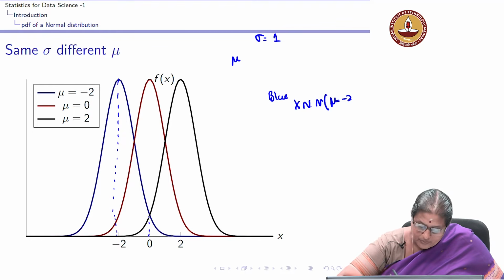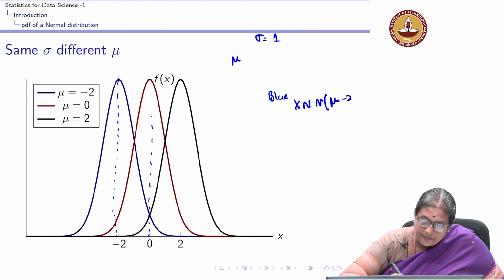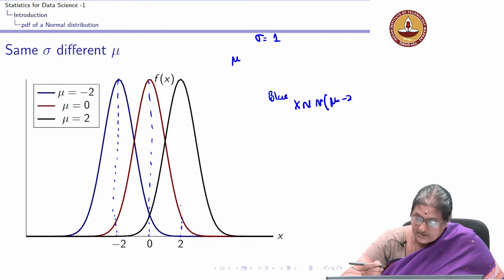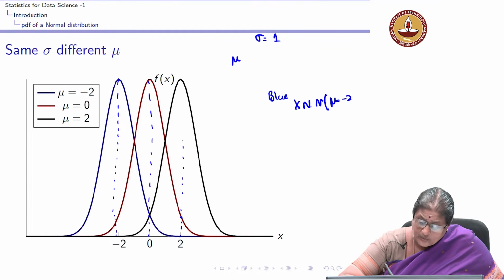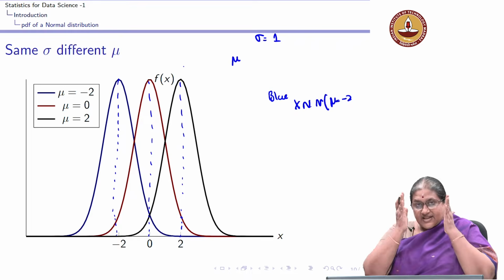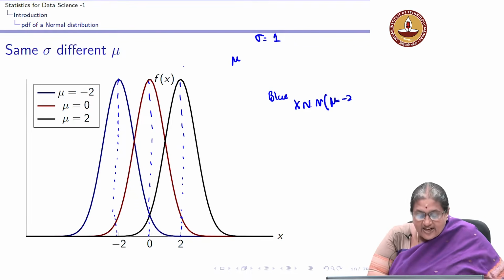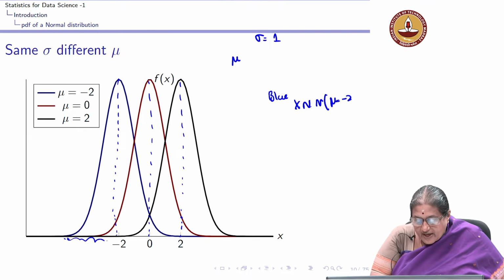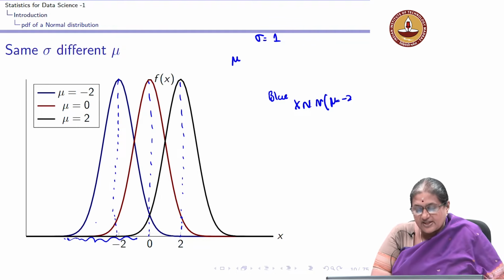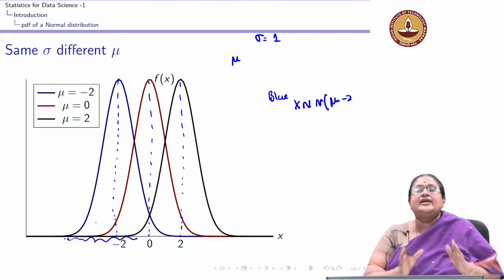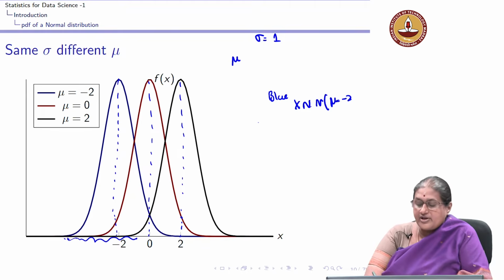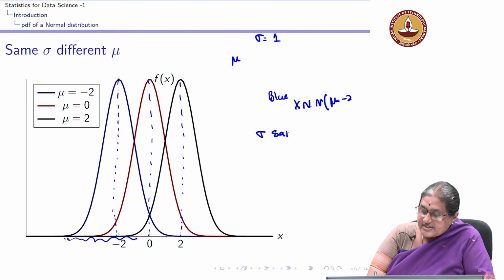The red is mu equal to 0, and the green is mu equal to 2. You can see that they have the exact same variability, but they are shifted, because sigma is the same.